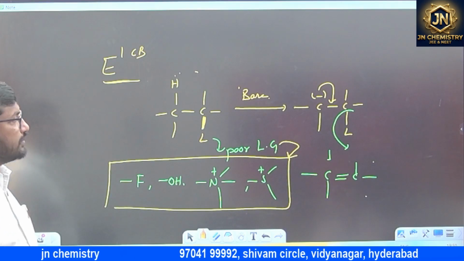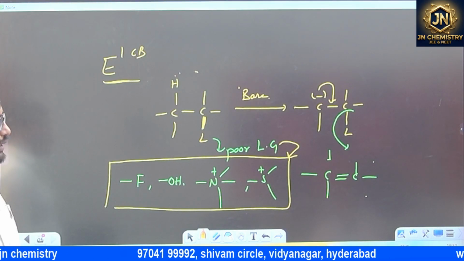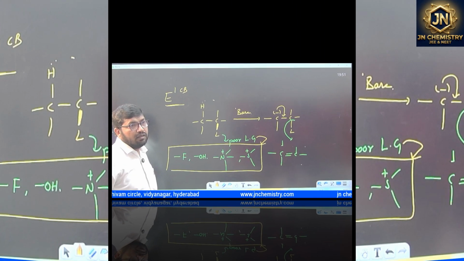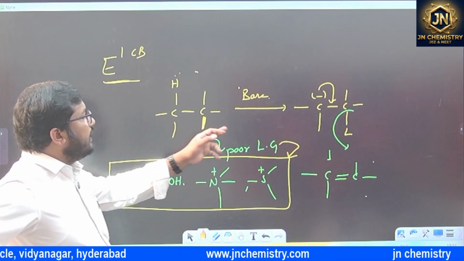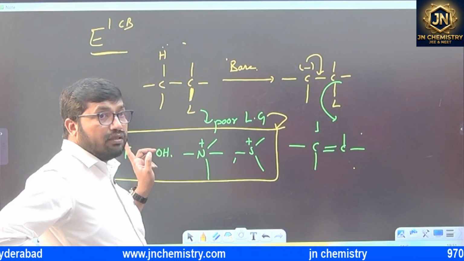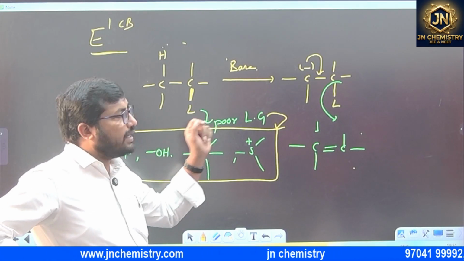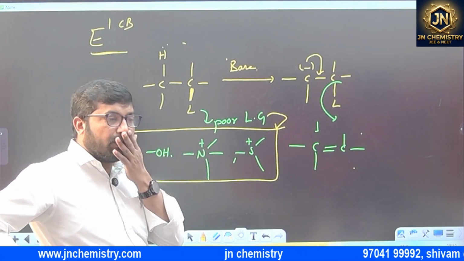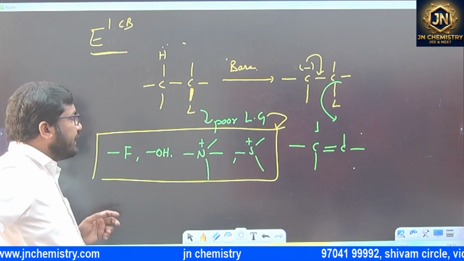A carbanion is the intermediate in this case. The important thing is that in E1 there is a carbocation intermediate, and here there is a carbanion intermediate. So we should know the stability of the carbanion.